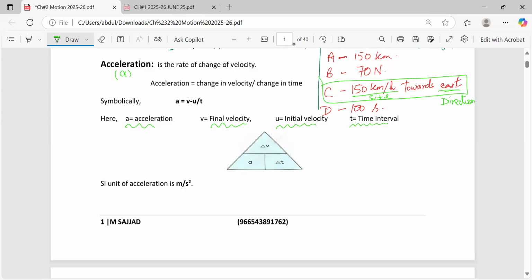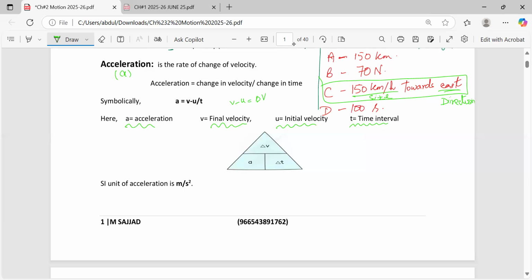You will be thinking, sir, it has four quantities. See, V minus U can also be written as delta V. Delta for change, and V for velocity, so change in velocity.